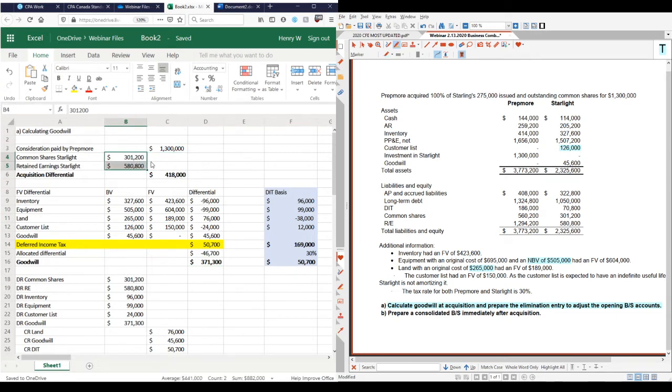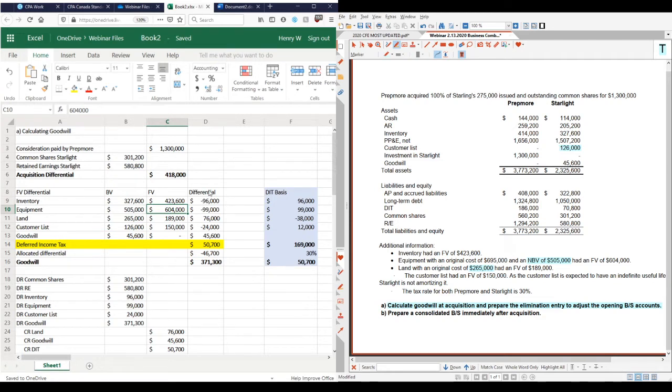The business is worth here 882,000. They paid 1.3 million on the business, and on that you have a differential of 418,000. So they paid a premium of 418,000. The reason behind that is because if you look at the inventory, the fair value of it is higher, the equipment is higher, and so on and so forth.